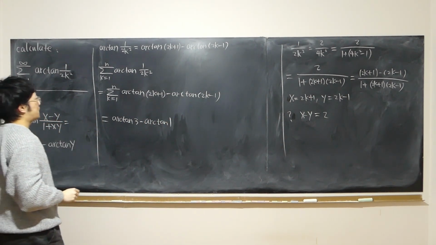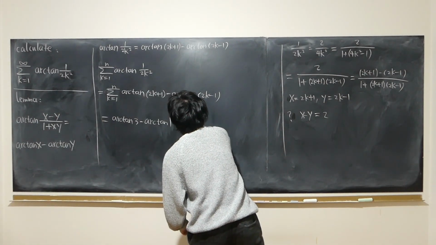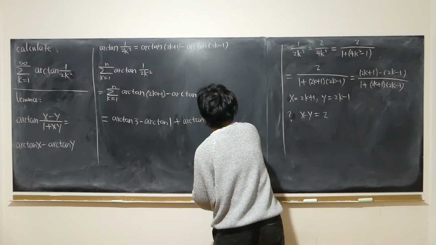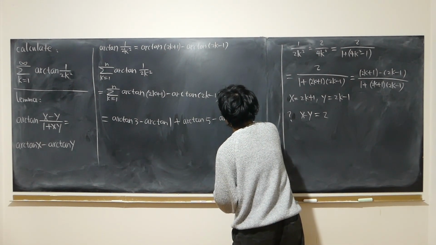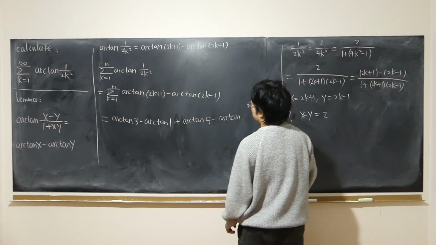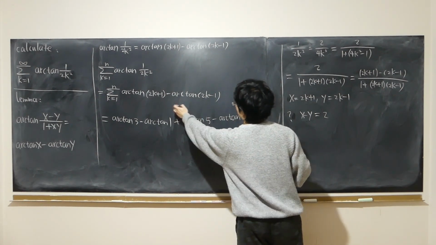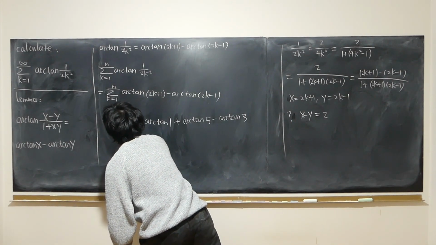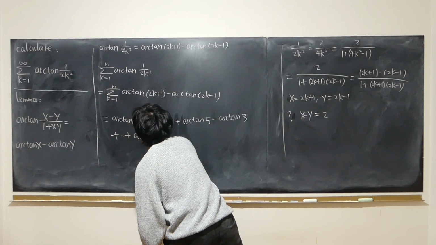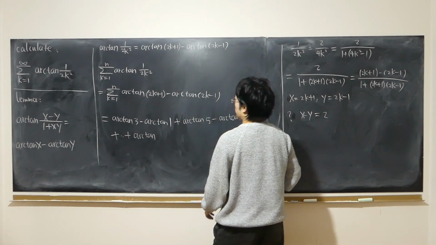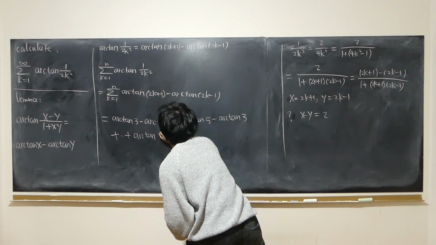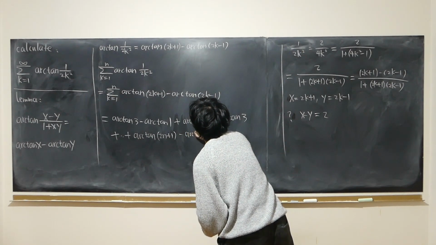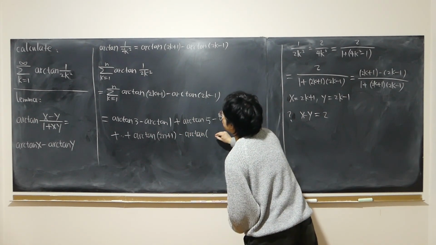Then for k equals 2, I have arctangent of 5 minus arctangent of 3, and so on and so forth, until arctangent of 2n plus 1 minus arctangent of 2n minus 1.